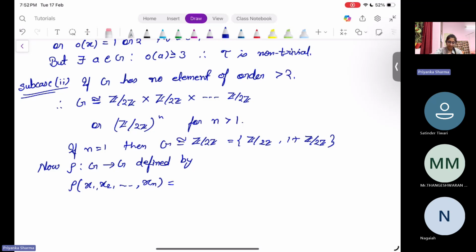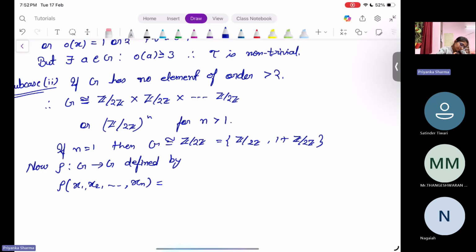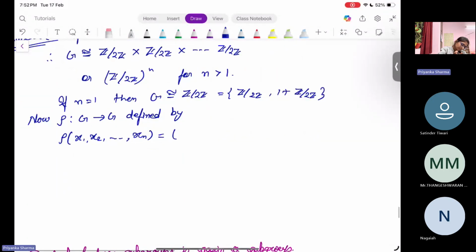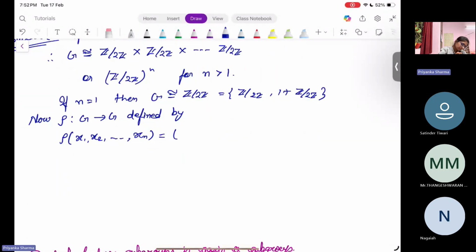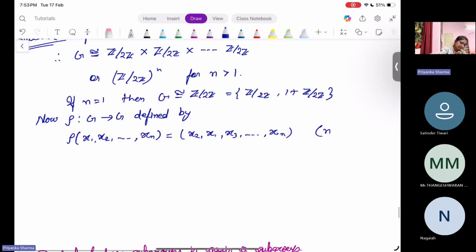So we will have an n-tuple. To define a map, we just swap any two elements, say the first and second one. So this is (x2, x1, ...) and all the others are fixed. And this can be done as n is greater than or equal to 2.